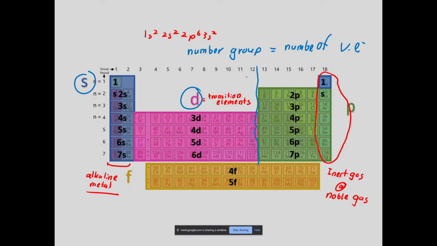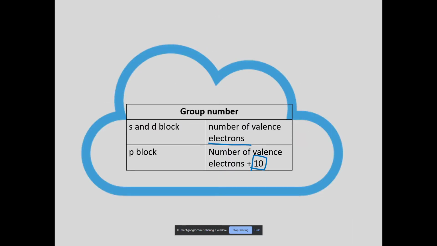Maksudnya kalau you guys tengok zinc 12, maksudnya valence electron dia 12 lah. Okay, so kalau chromium, dia adalah group 6. So valence electron dia is 6. Okay, yang specialnya, the only special thing is P block. Okay, P block is the number of valence electron tambah 10.